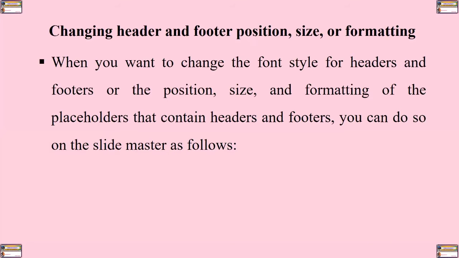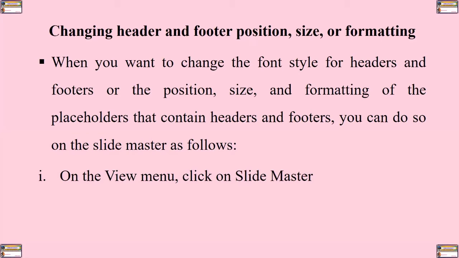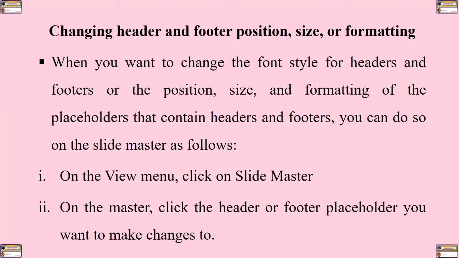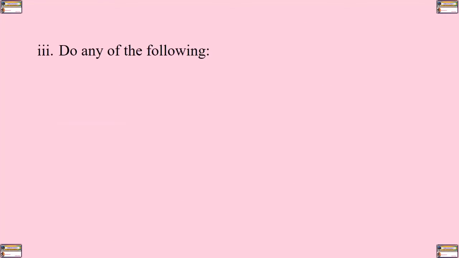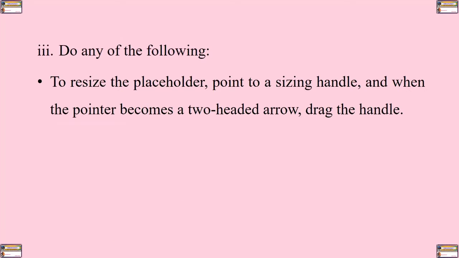When you want to change the font style for headers and the footers, or the position, size, and formatting of the placeholders that contain headers and footers, you can do so on the slide master as follows. On the View menu, you click on Slide Master. Then on the master, click the header or footer placeholder you want to make changes to. And then do any of the following.